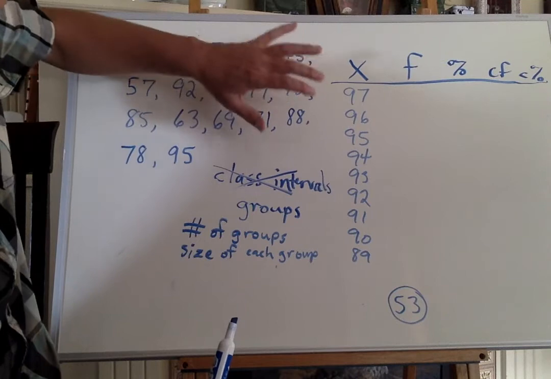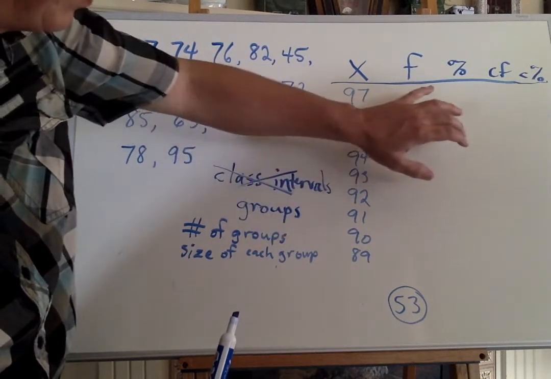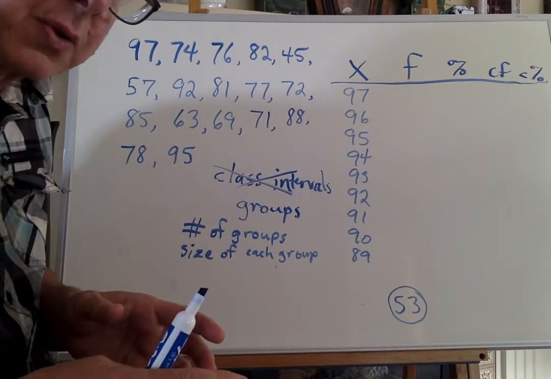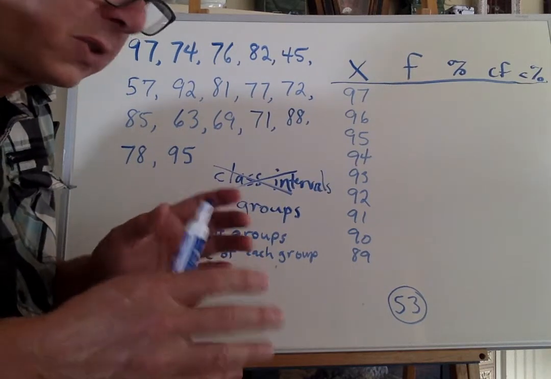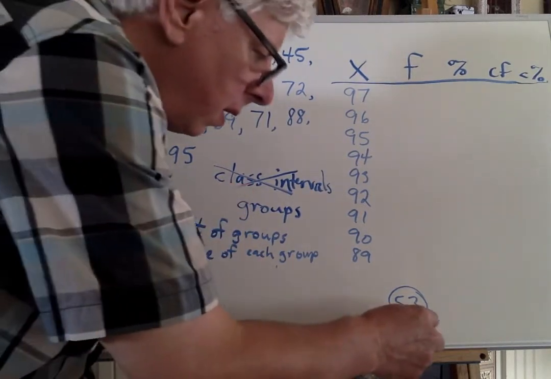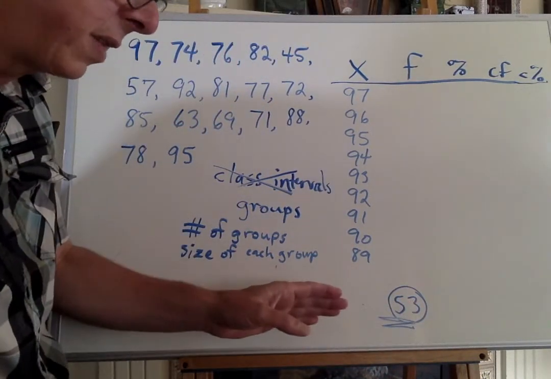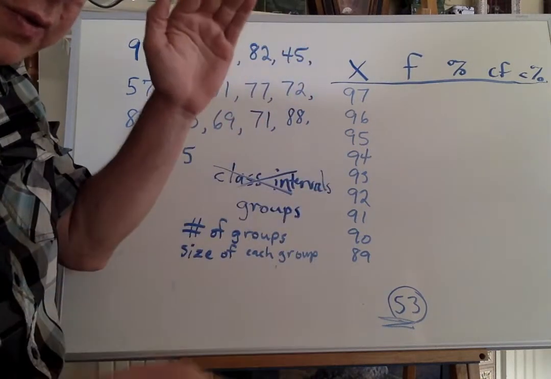So I want to put these data in a way that it's easy for people to see in a frequency distribution table. Let's think about why we did this. I want to see, within this range, we have a range of 53. Scores go from 97 down to 45. We have a range of scores.